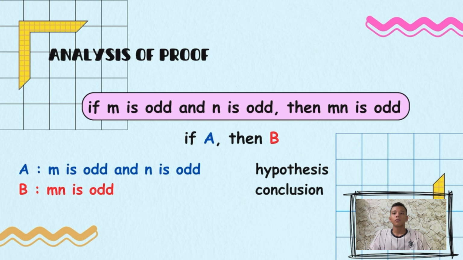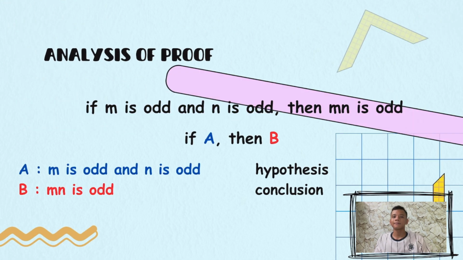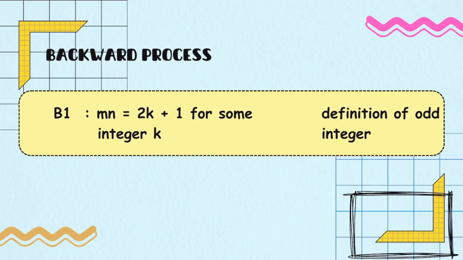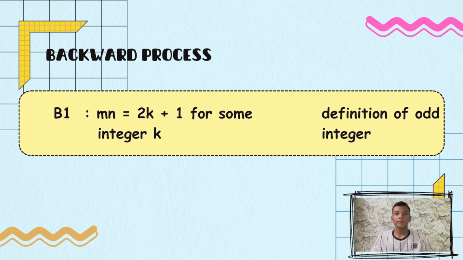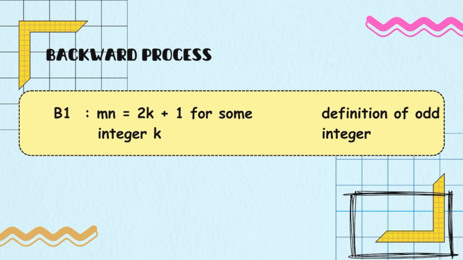Then statement B, that m times n is odd, for our conclusion. For the second step, use the backward process. Statement B1: m times n equals 2k plus 1 for some integer k. This is according to the definition of an odd integer.